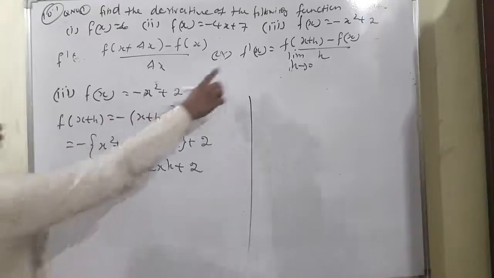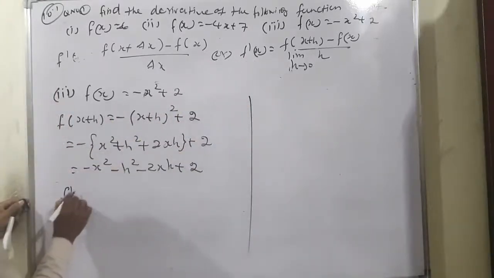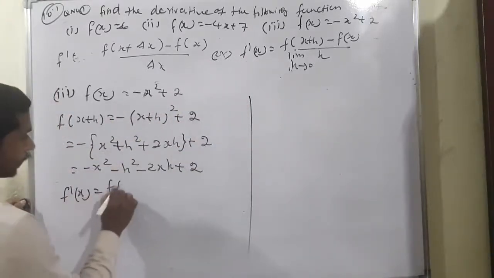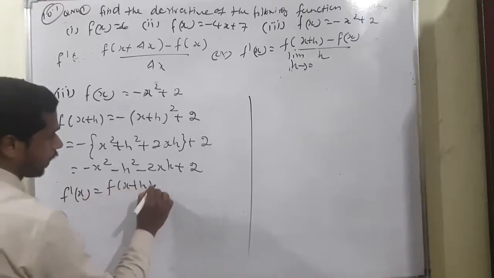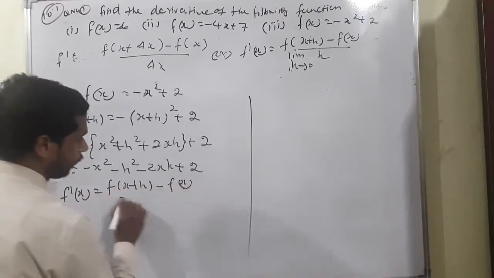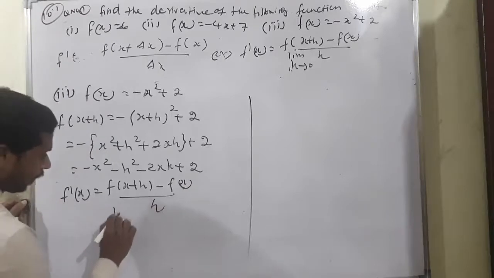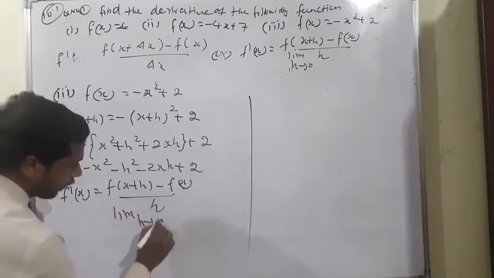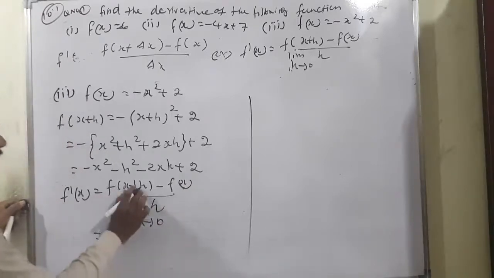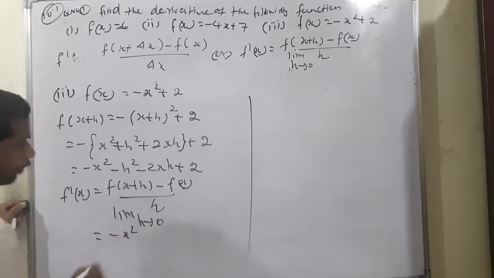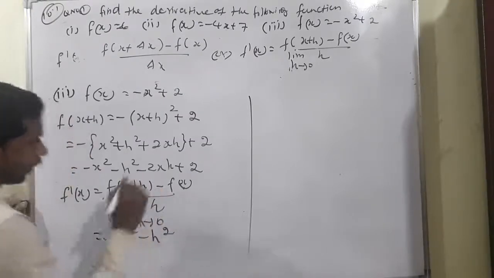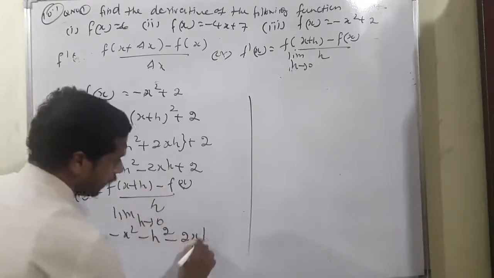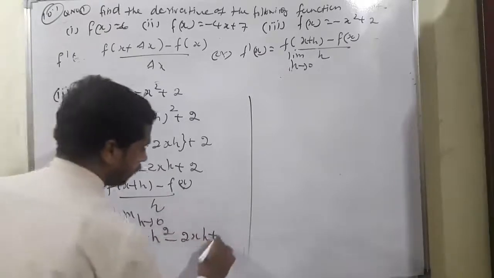Now we can apply the main term, f dash of x. F dash of x is equal to f of x plus h minus f of x divided by h, where the limit consideration is h tends to 0. F of x plus h, what is the answer? Minus x square minus h square minus 2xh, then plus 2.